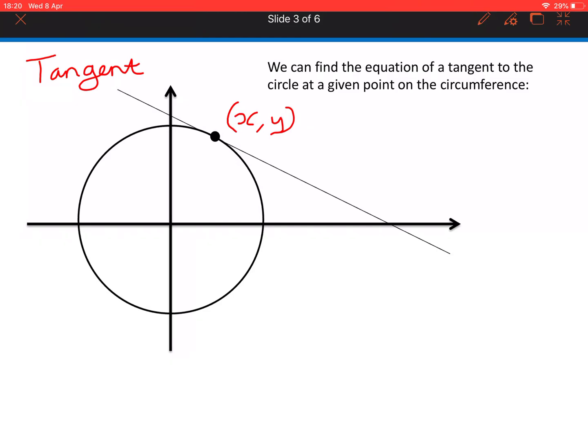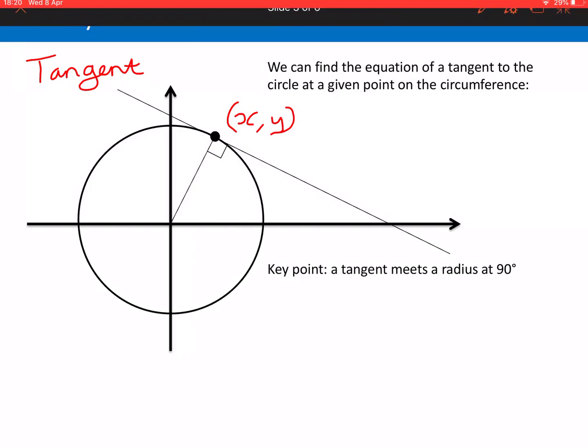Now the theory relies on a circle theorem, and it relies on the fact that the tangent meets the radius of the circle at 90 degrees.